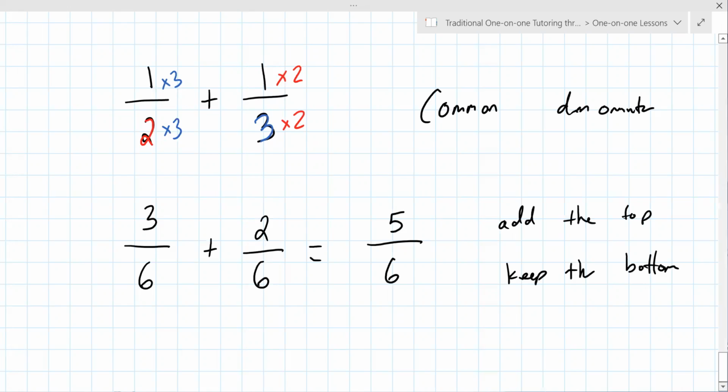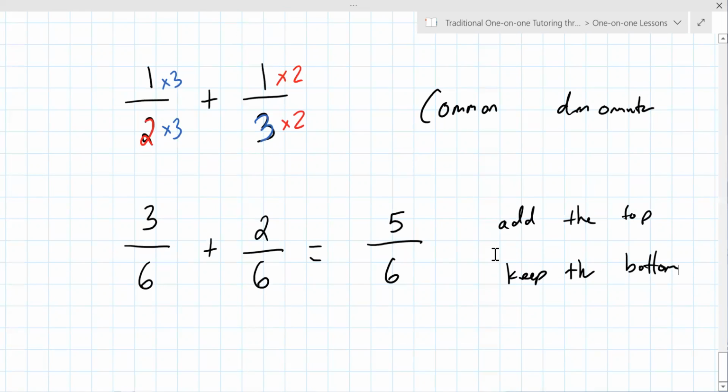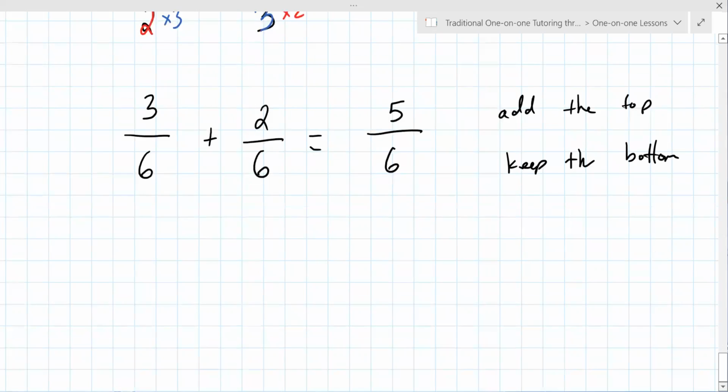Okay, so let's look at another problem here. Make sure you got that. Did you get this down? Yeah. Okay. If you need more time, just let me know. Let's say I wanted you to add 2/3 plus 3/4. So the denominators are not the same. 3 does not go into 4 and 4 does not go into 3. So this is the case where you have to multiply the numbers together. You have to make a common denominator.